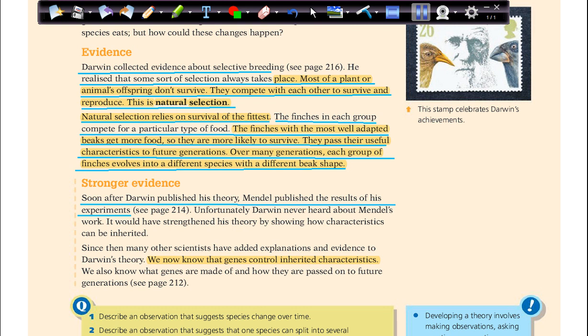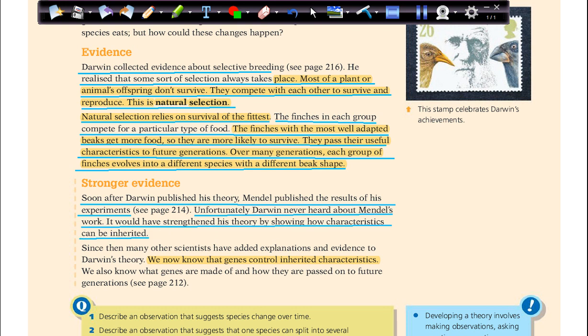He was choosing the good features to breed together, and this was like seeing inheritance. And then he published his results about this experiment. Unfortunately, Darwin never heard about Mendel's work. It would have strengthened his theory by showing how characteristics can be inherited.